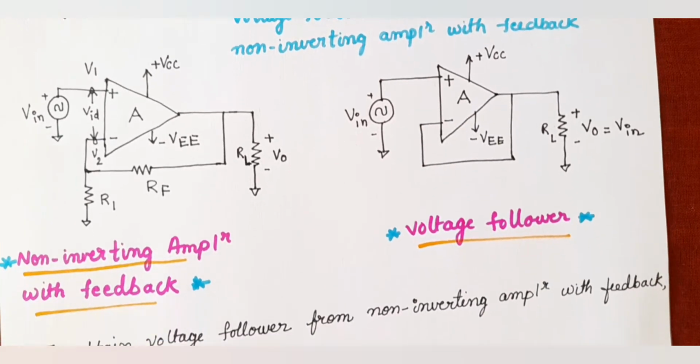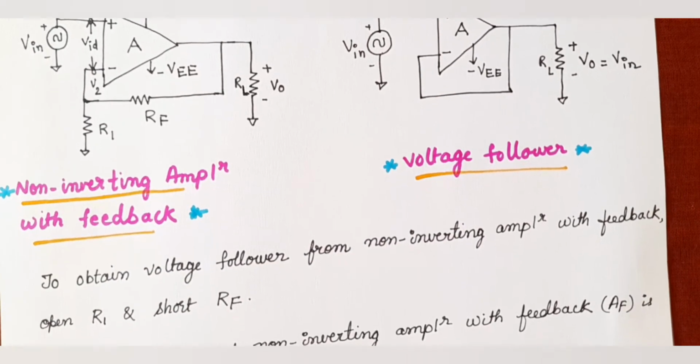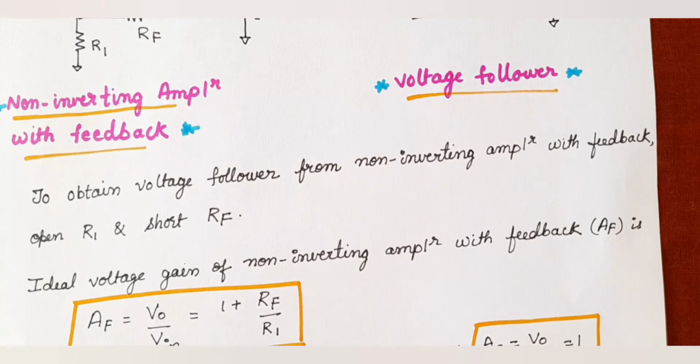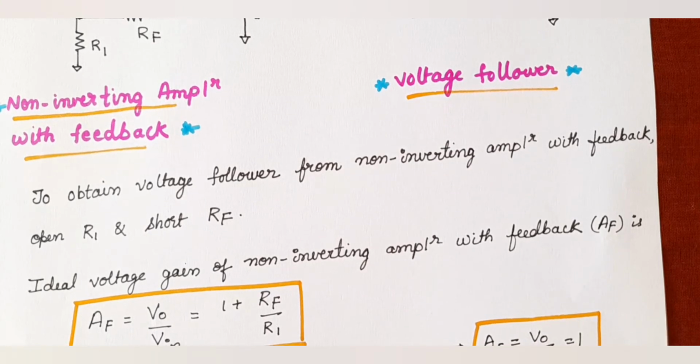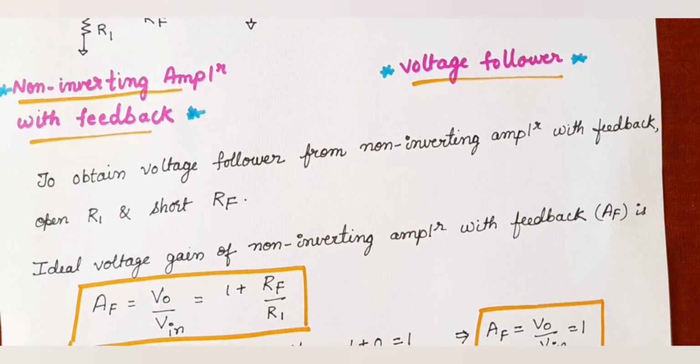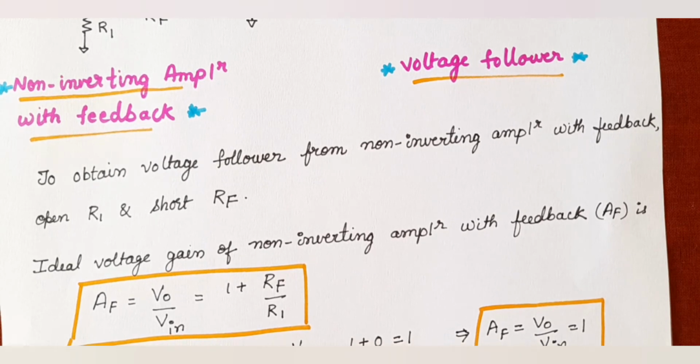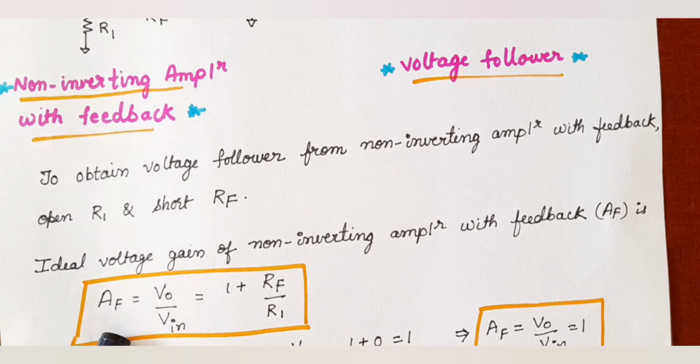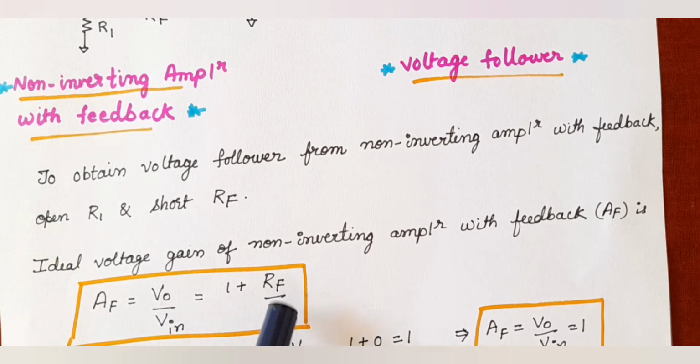Now coming to the derivation, what is the ideal voltage gain of non-inverting amplifier with feedback? AF is equal to V naught by Vin is equal to 1 plus RF by R1.